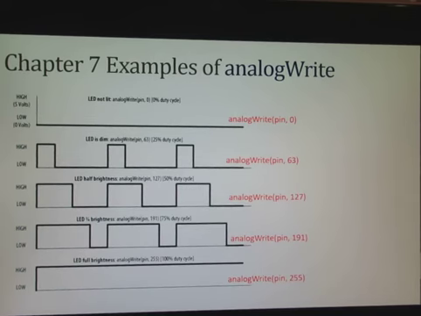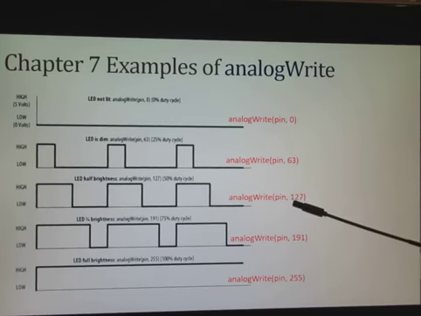So this is what the pulse width modulation looks like that comes out of an analogWrite when you're given a value between 0 and 255. So you're actually varying the duty cycle with that value number. Here you have analogWrite pin 0 and it's always off. If you have an analogWrite with the pin number and 63, you have a 25% duty cycle.